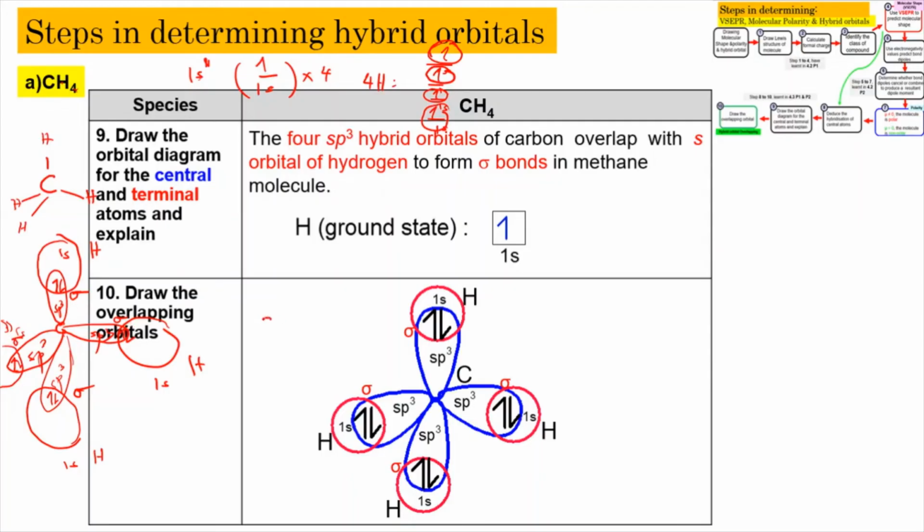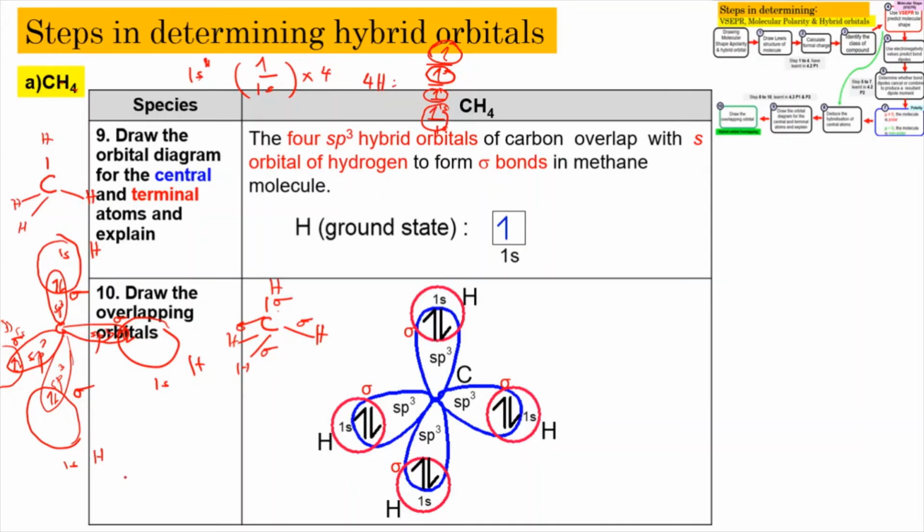So you can see that the drawing of CH4 here will also have 4 sigma bonds. And this is consistent with what you draw, which is like this. So you need to label the carbon at the center with the hybrid orbitals, with the terminal atoms of hydrogen.